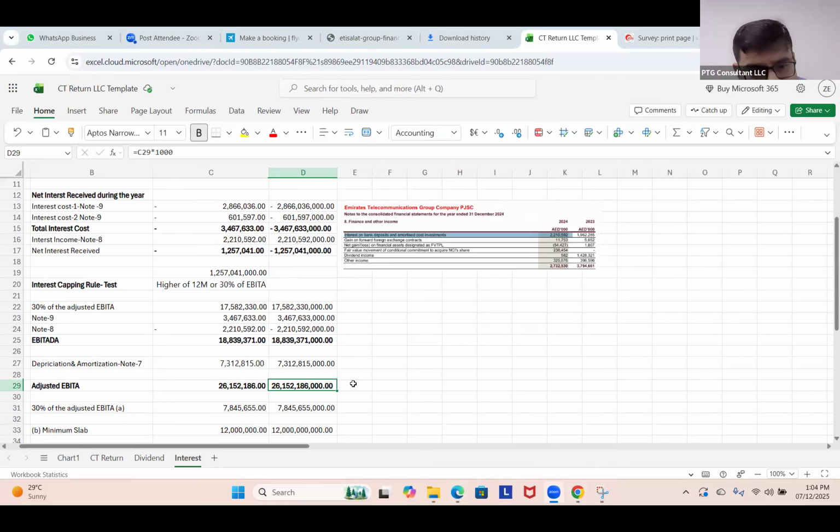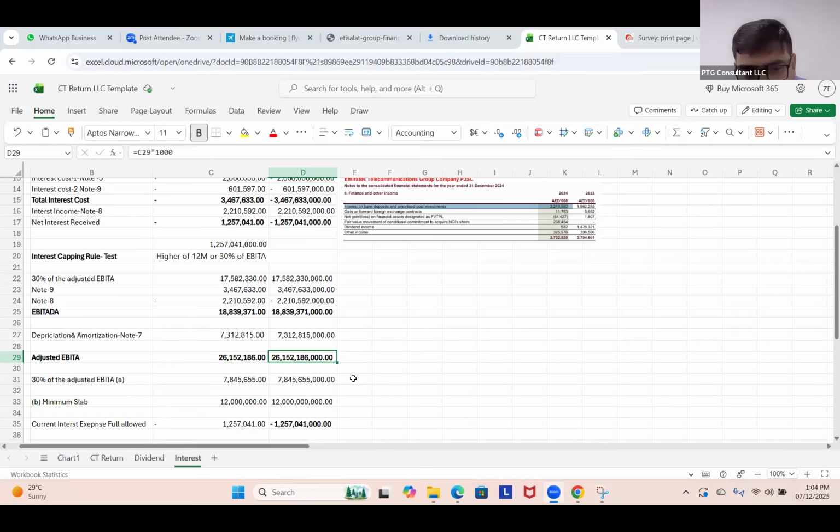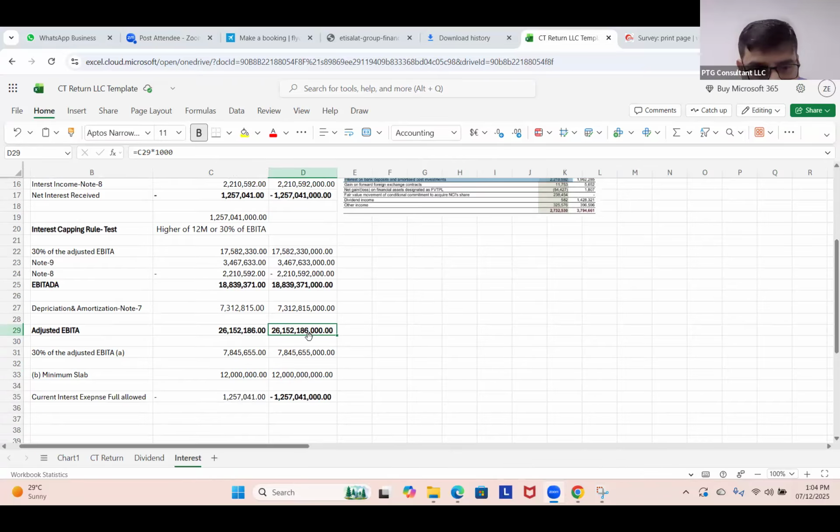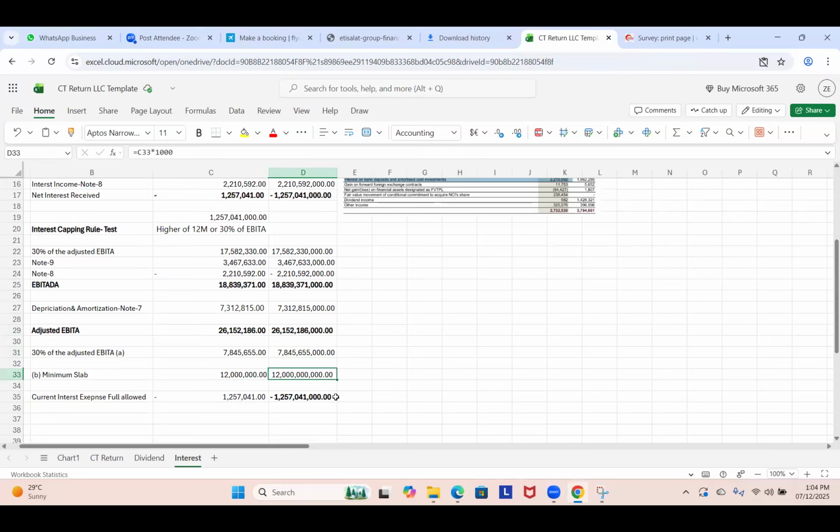So still, if we see, it's fully allowed. Because here 30% is 7.8 and above is the 1.2. So still we are on the safer side. Here the 12 million will not be multiplied. The minimum slab will not be changed.